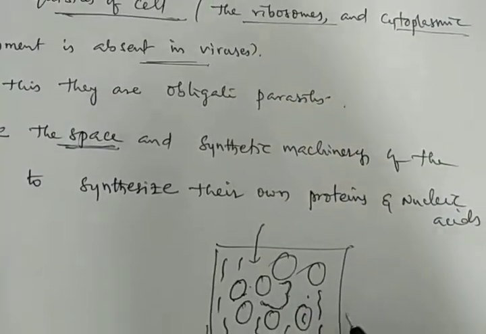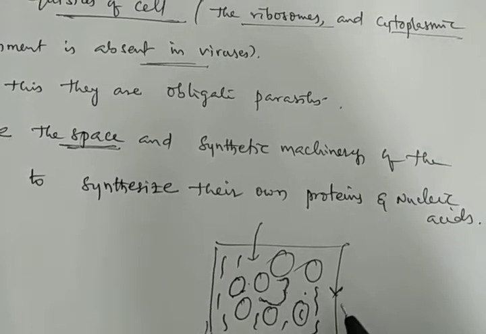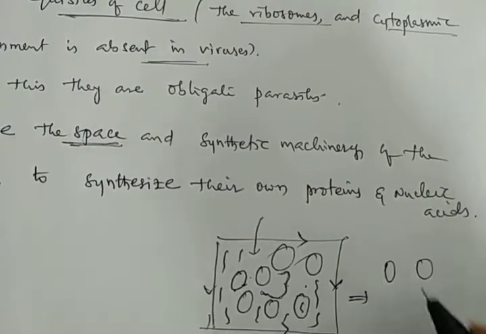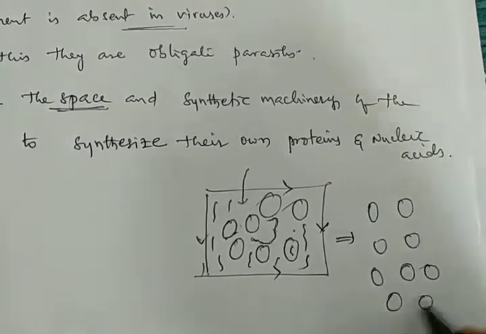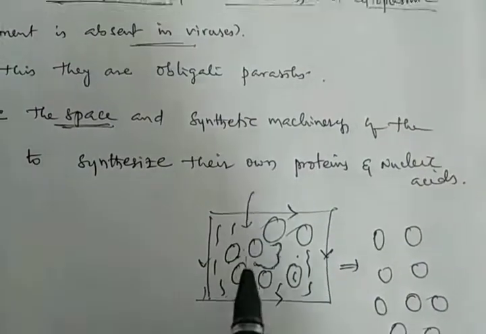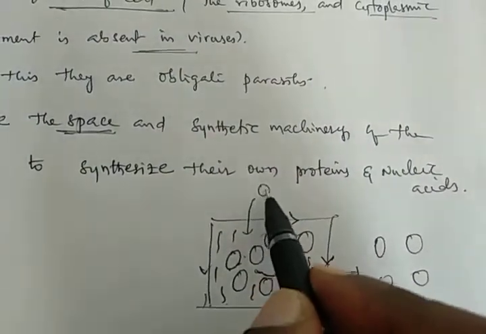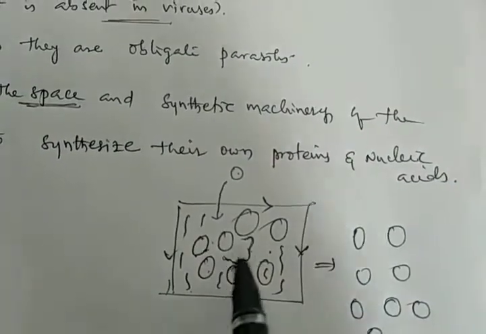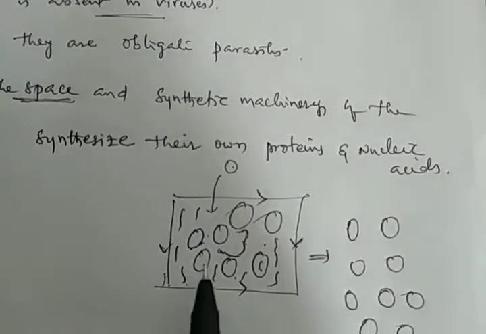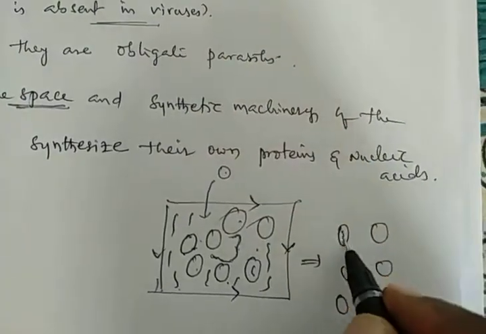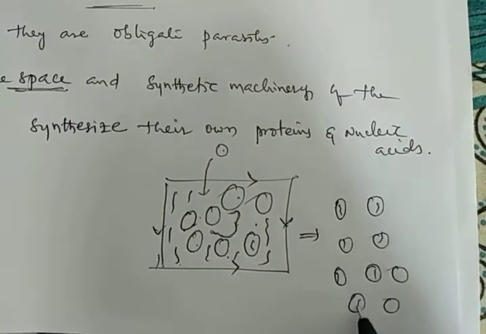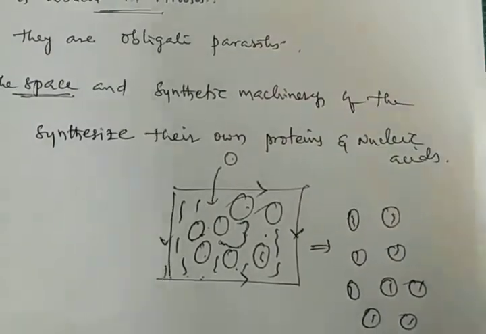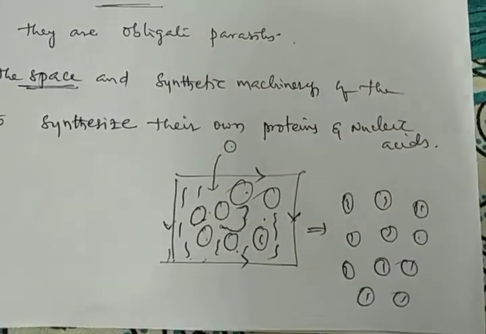Finally they will collapse the cell, destroy it, and produce more viruses. At first only one viral particle enters the host cell and takes control of the cell's activities, synthesizes its own protein codes and nucleic acids inside the host cell, and finally destroys the host cell and releases more viruses.